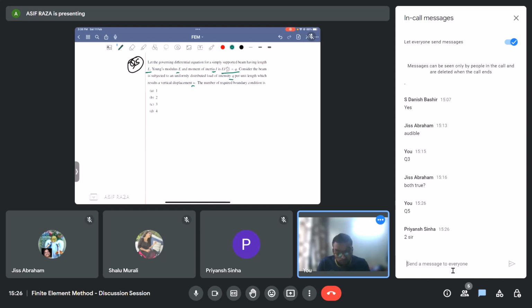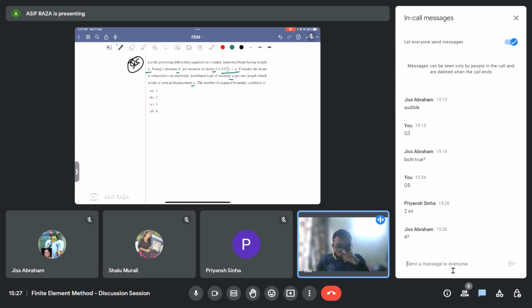What about others? You can write I don't know, then I can proceed to explain also. Abraham has said 4. Shalu, are you with me? Any guesses from your side? I don't know whether she is here or not.